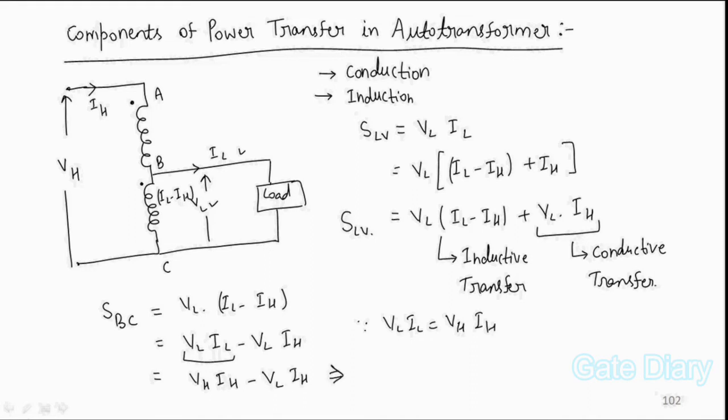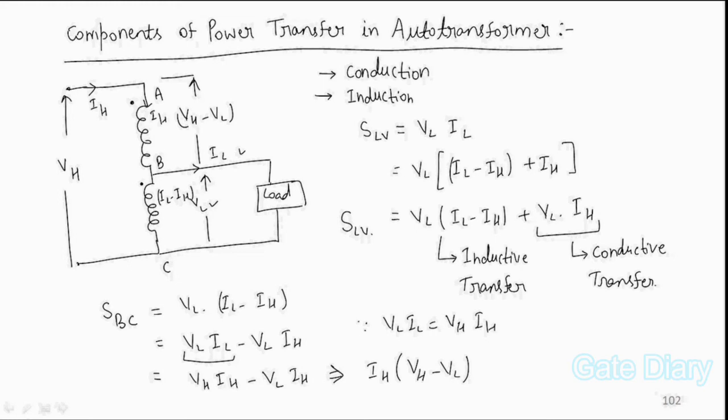Take IH common, and you will get VH minus VL, this is the voltage, into IH.